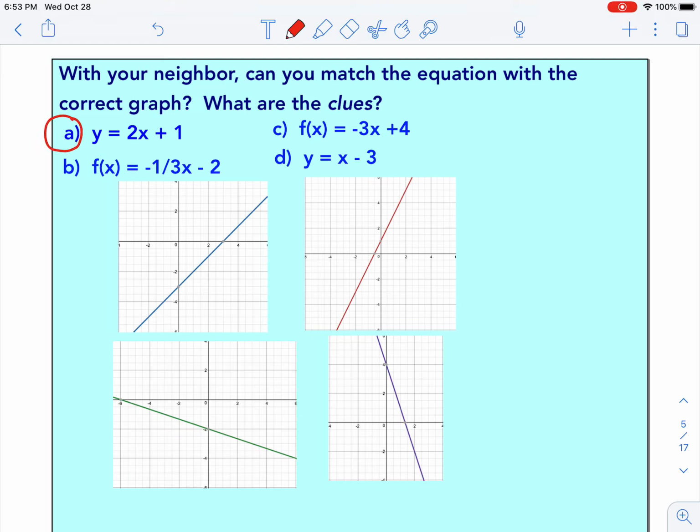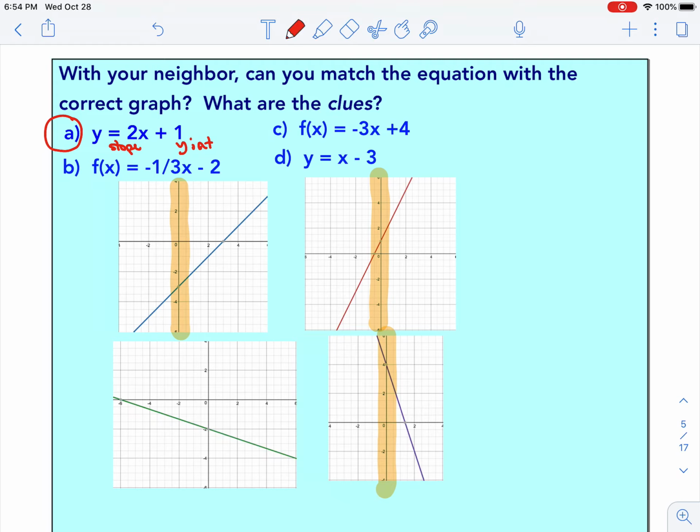Okay, well, if you remember things about this, right here is the slope of 2 and the y-intercept of 1. So the first thing I look for is the y-intercept, and that is where the graph crosses the y-axis. That's the clue we're looking for. And we're looking for it to cross the y-axis at 1.